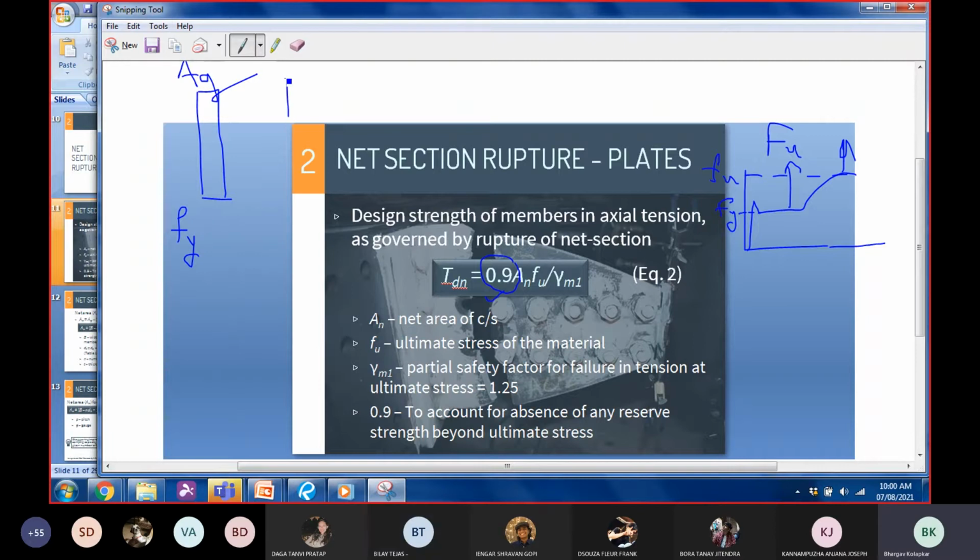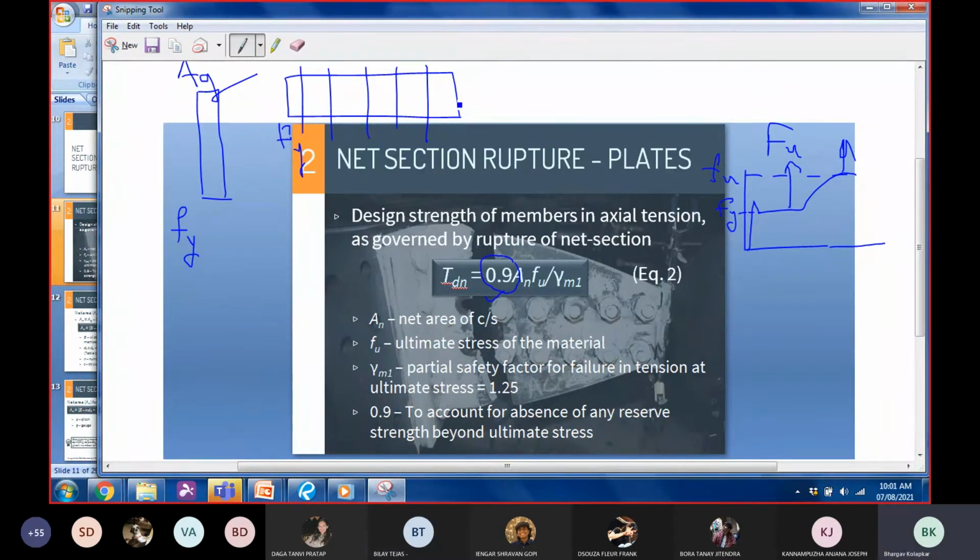Listen to me carefully. If this is your member in elevation, at this section, at this section, everywhere you might expect the stress to be Fy. Why? Because this is a tension member. Everywhere the force is same, so everywhere the stress is going to be the same.